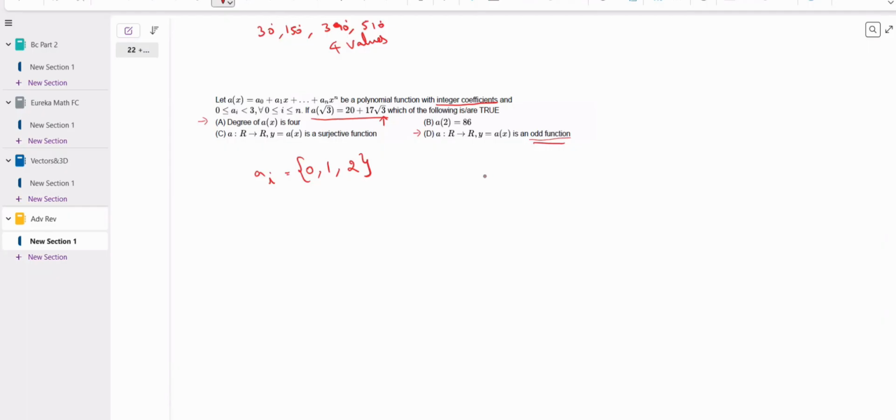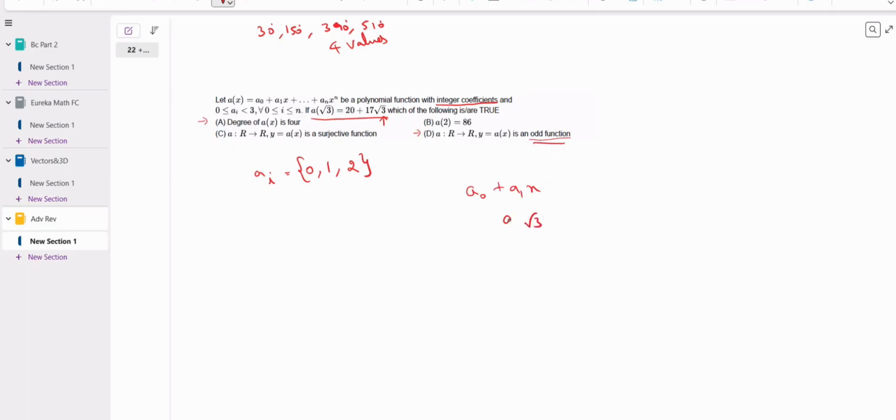So can it be just linear? Is that possible? No, sir, it's not possible, because of the coefficients. If you just take a linear, even forgetting odd function, it should look like a naught plus a1x. And they are talking about P of root 3 being 20 plus 17 root 3.